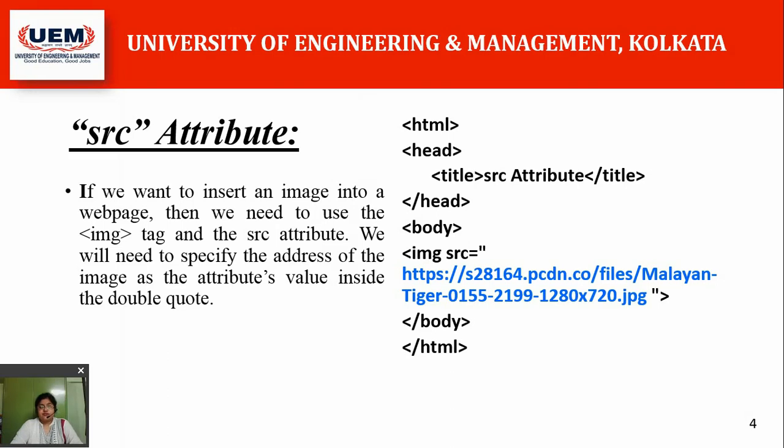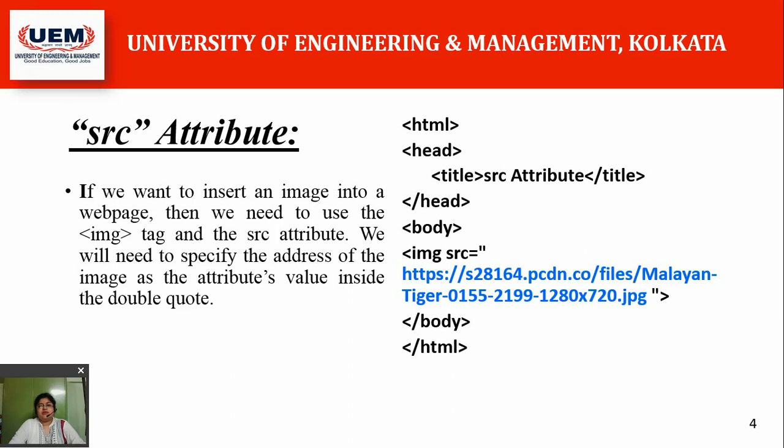So the very first attribute in hypertext markup language is src, that means the source. If we want to insert an image into a web page, then we need to use the img tag within angular brackets and the src attribute along with the image tag. We will need to specify the address of the image as the attribute's value inside the double quotes.